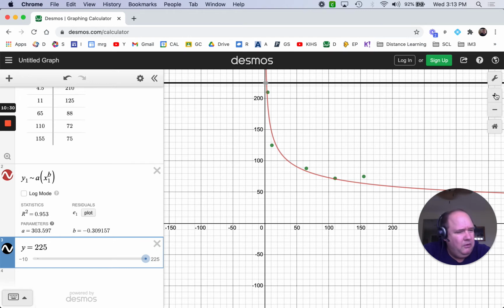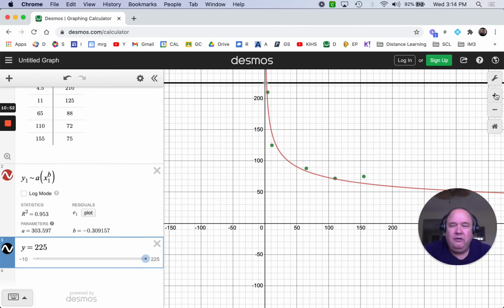Oh, what did I do wrong? So the weight, sorry, it's f of 225. So the weight is 225. So that's the x column. So here's what we're going to do. Totally different. So we have an equation.